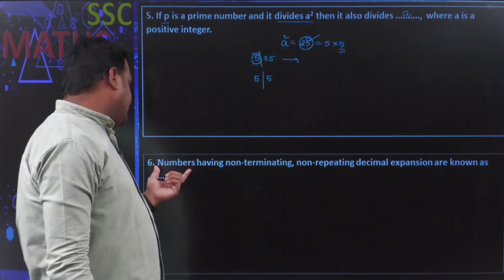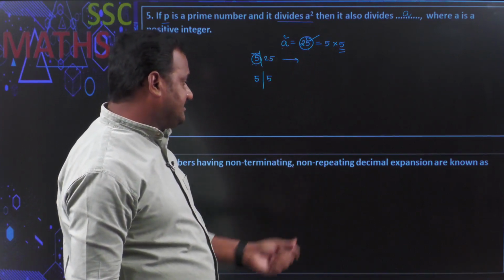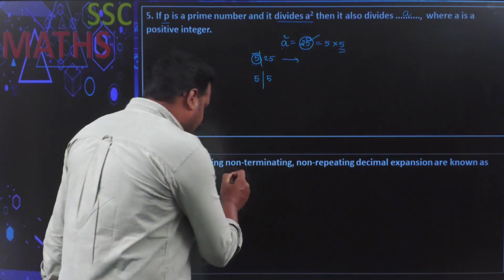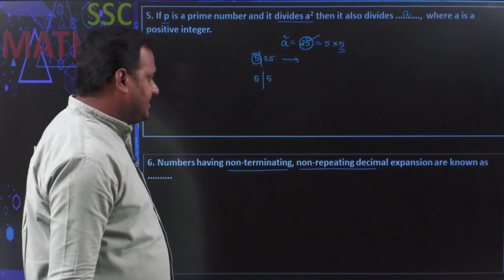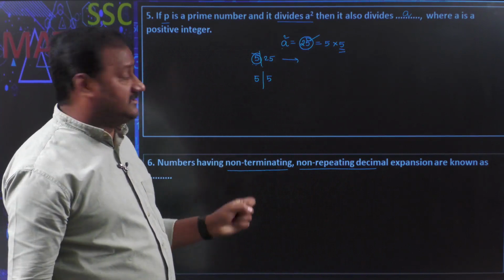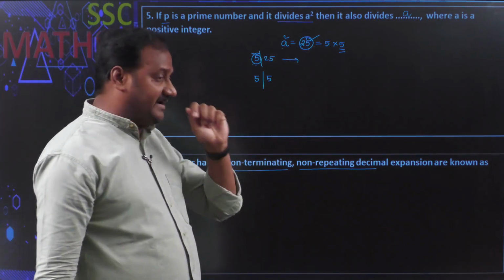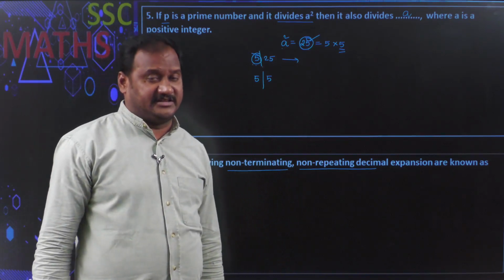Coming to the next one, numbers having non-terminating, non-repeating decimal expansions. Are they a part of rational numbers?